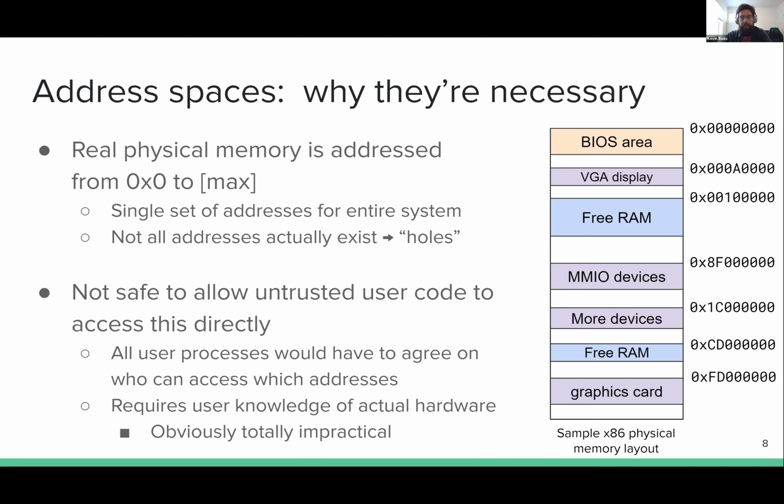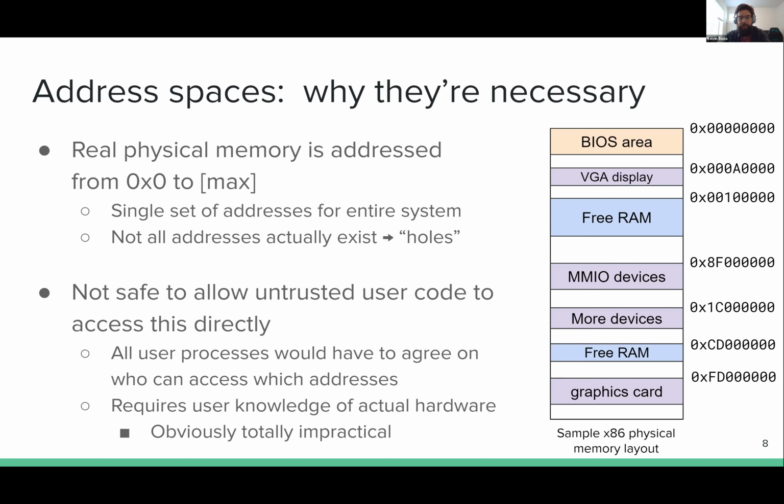And then there will be a lot of random devices, such as memory mapped I/O devices, mapped in at arbitrary points. You don't know ahead of time, like your graphics card or other peripherals through PCI, things like that. All of these are accessible through the physical memory space. Because you have these holes, and because there's only one instance of this, it's really not a good idea to let untrusted user code access this.